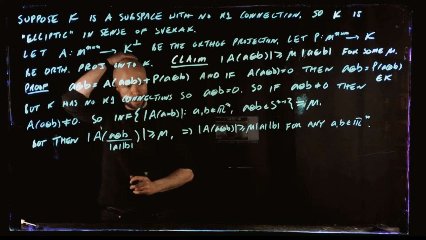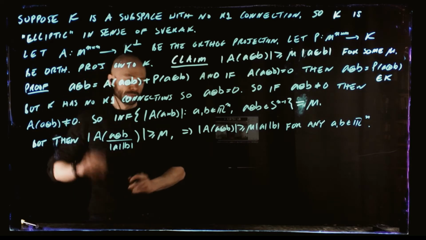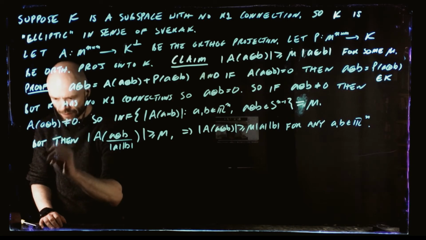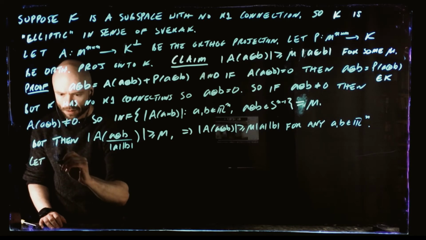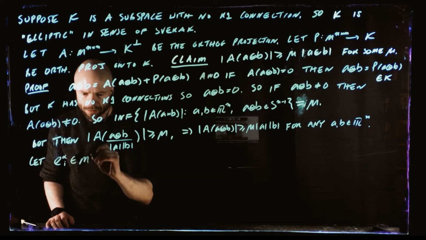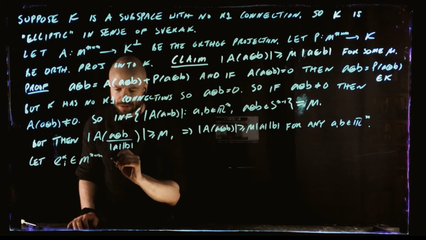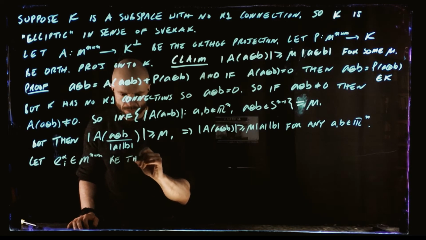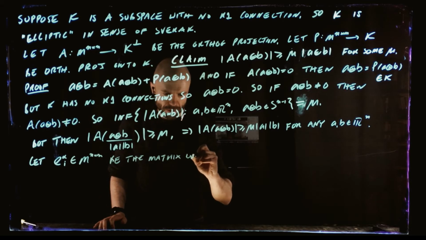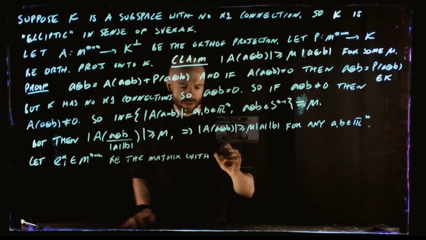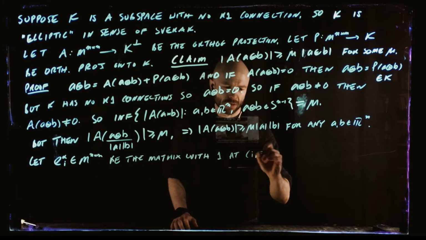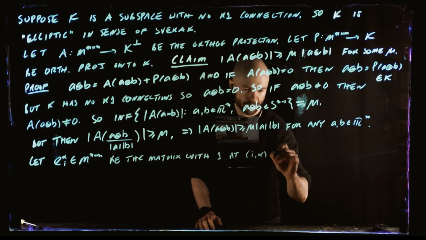So this is how we're going to use this. Notation. Let E alpha I, belonging to the n by n matrices, be the matrix with 1 at the ith row, alpha's column entry and 0 elsewhere.